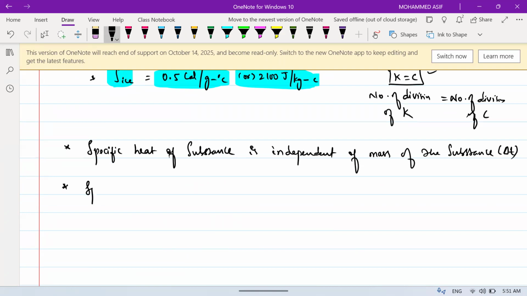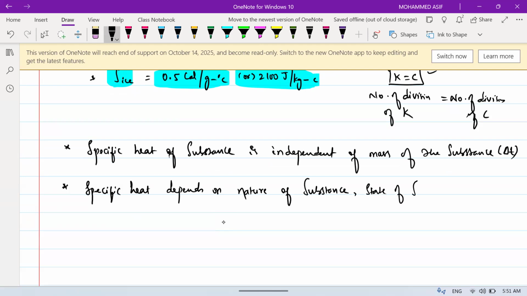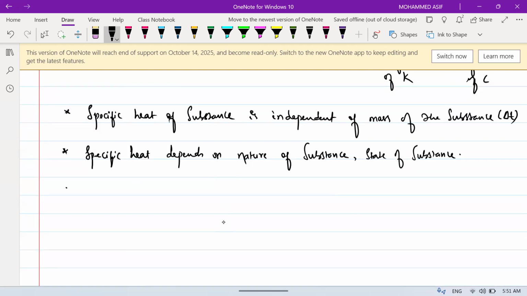On what will the specific heat depend? Specific heat depends on the nature of the substance, or I can say the state of the substance, whether it's solid, liquid, or gas. Accordingly, it will be changing.